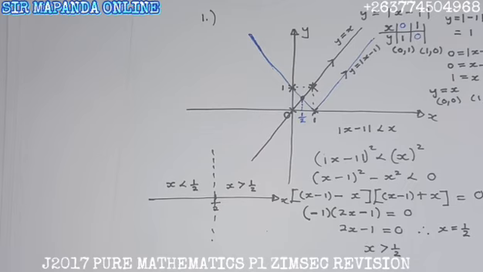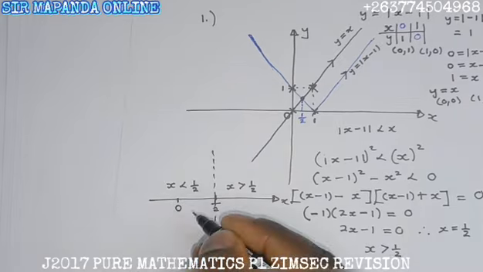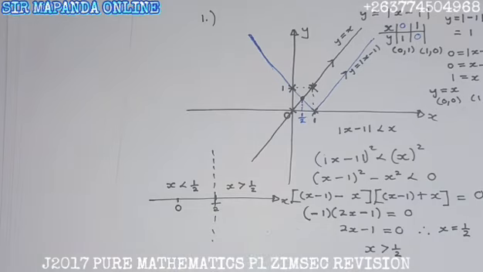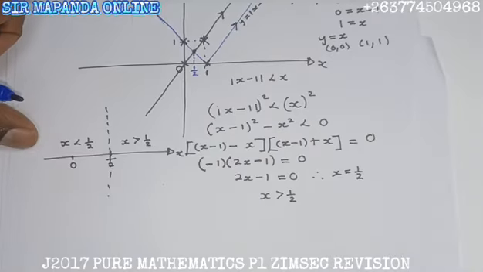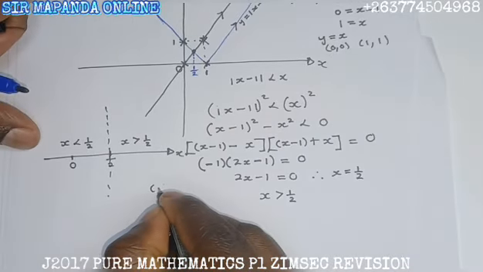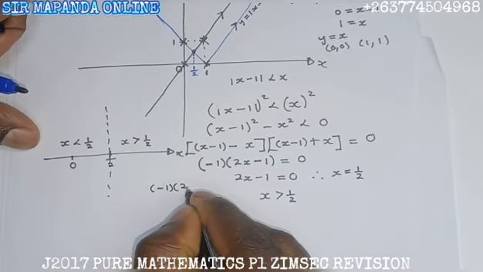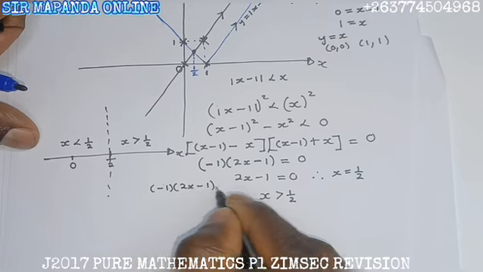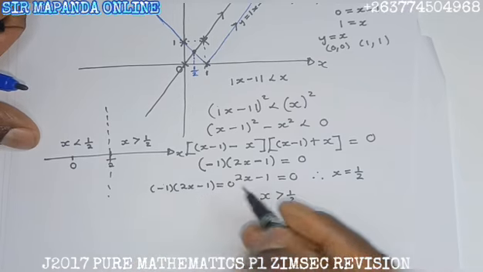Right. So let's say you have a 0 here. The 0 is in favor of the left region. We want to see whether 0 is going to be true or false. So you go back to this stage and substitute 0 for x.